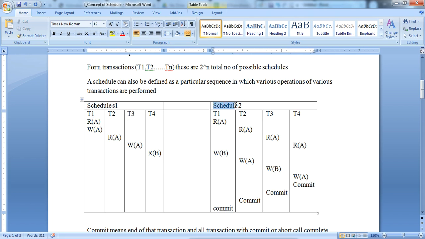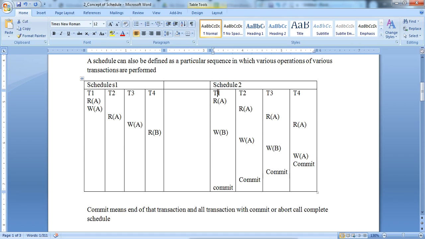Same thing with schedule 2, an example of schedule 2 with T1, T2, T3, T4. All the transactions read the A value, then transaction 1 writes the B value, transaction 2 writes the A value, then transaction 3 writes the B value, and then one by one they commit or end the transactions.